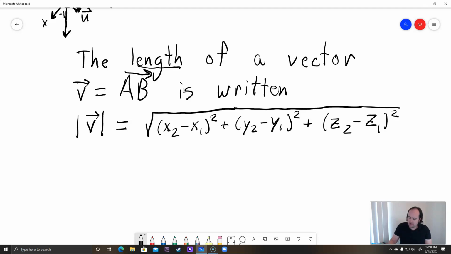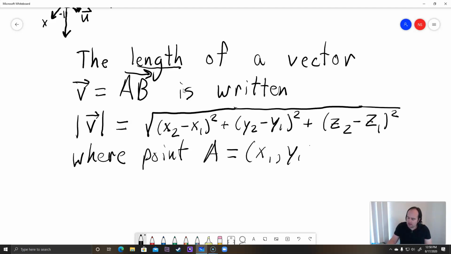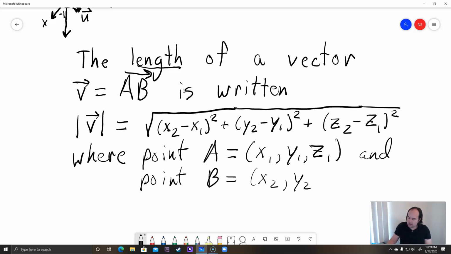And here we're assuming that point A is equal to x1 comma y1 comma z1, and point B is equal to x2 comma y2 comma z2.